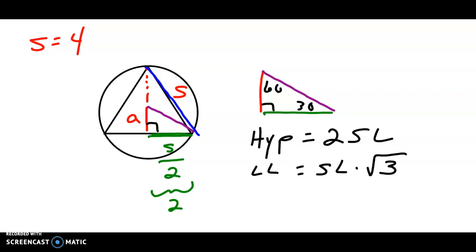So the hypotenuse, or the radius, is going to be equal to 4 for this case. Then you could take these things and figure out what the apothem was going to be by using these particular formulas.